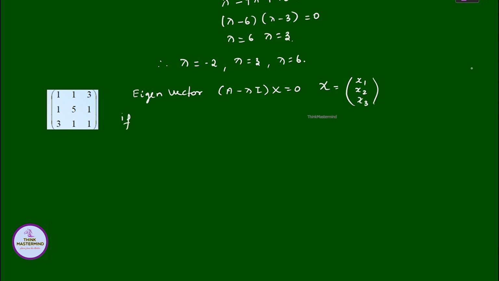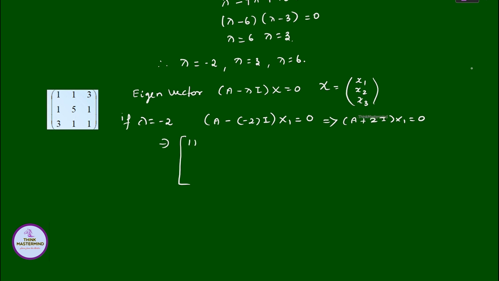If lambda is equal to minus 2, then (A minus of minus 2 into I) into x1, the corresponding eigenvector of lambda is equal to minus 2, is such that the matrix diagonal elements are subtracted by minus 2, that is minus into minus is plus. That implies the diagonal elements in A plus 2I into x1 is equal to 0.